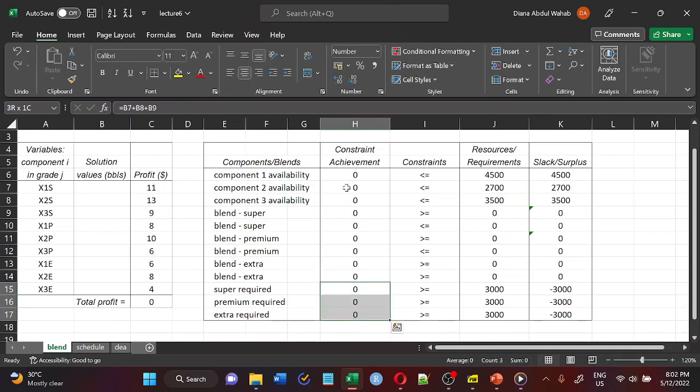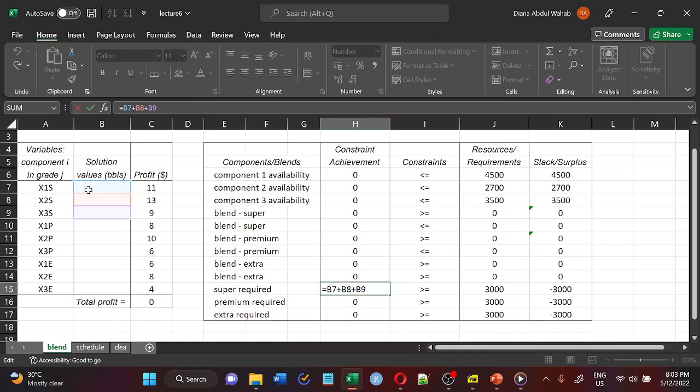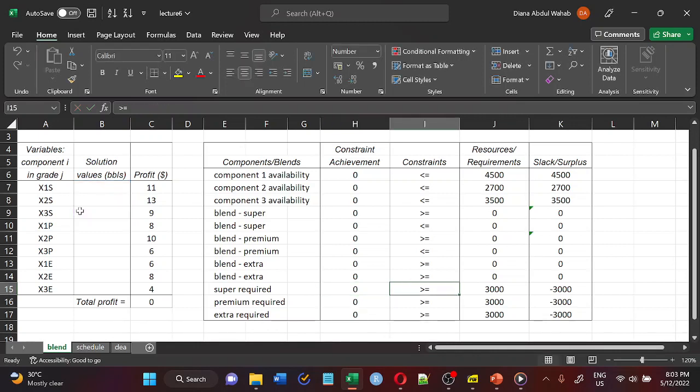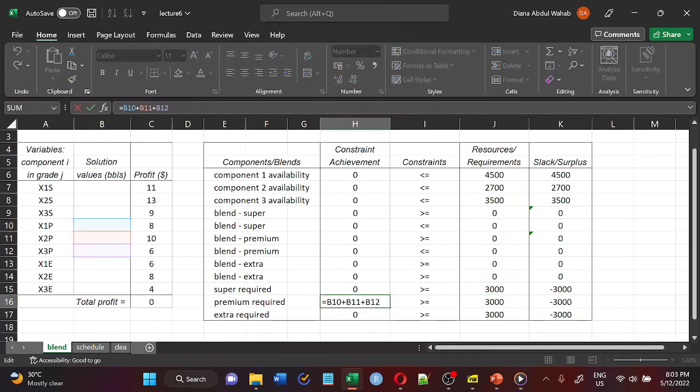And the last three are the compositions of all the supers. You see it's highlighted: all the x1s, x2s, x3s, all the components that make up super. And super must be at least 3,000 barrels. The next one is on the premium, so we have x1p, x2p, and x3p, and the last one is on the extra.